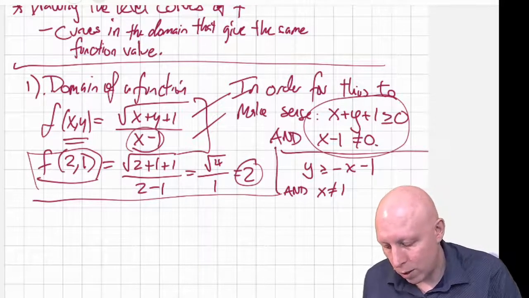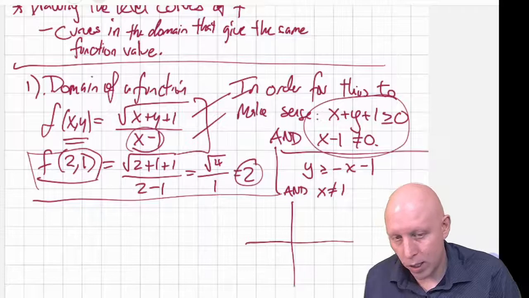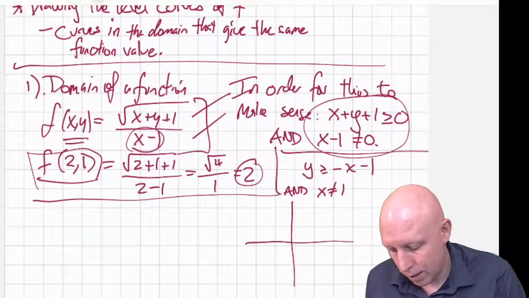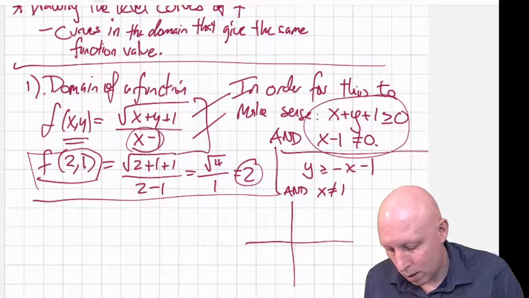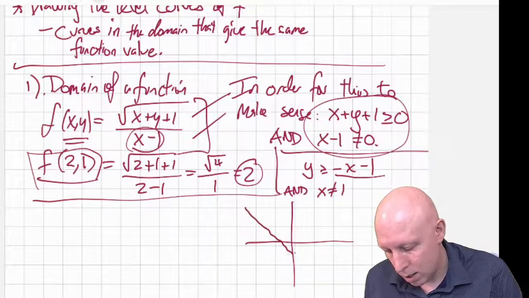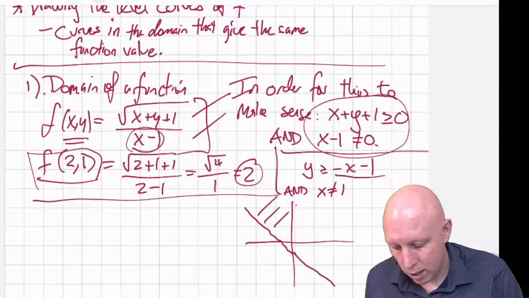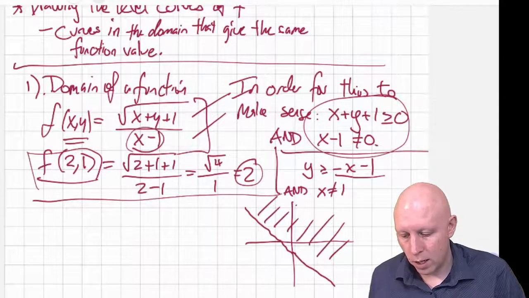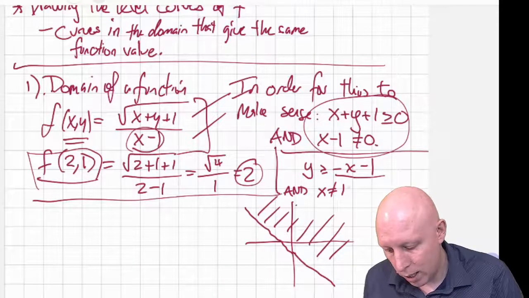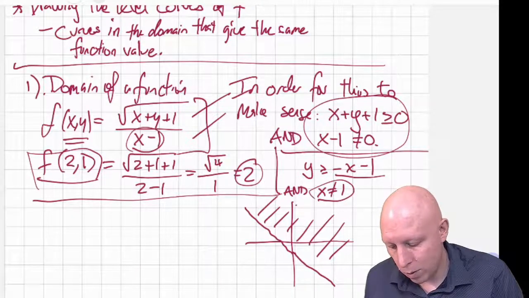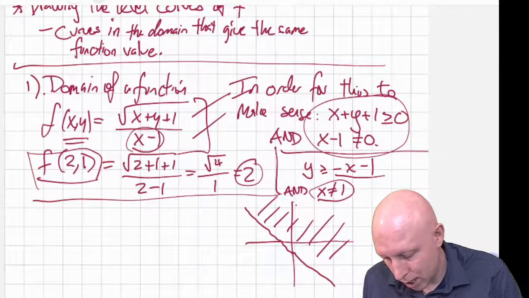So if we wanted to graph this set, we could say, all right, let's draw the function negative x minus 1. Y is bigger than that. But we also have the case that x cannot be equal to 1. So what does that look like? X equals 1 is this line.